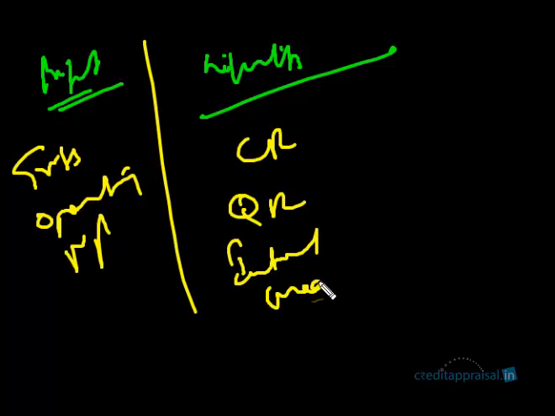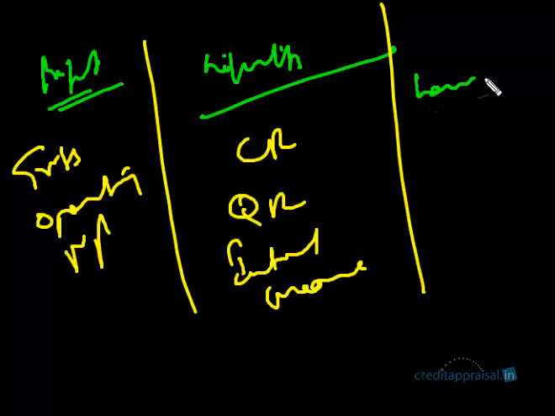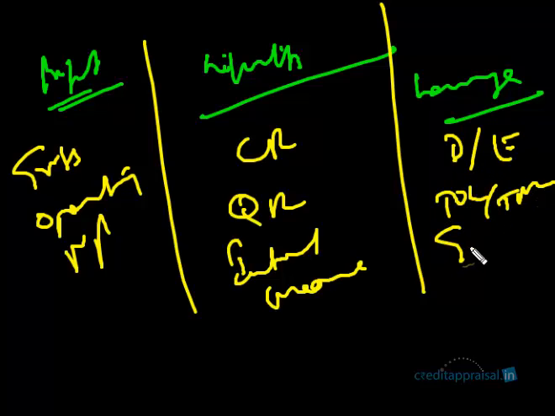Then we had a discussion on leverage ratios, under which we calculated debt equity ratio, TOL by TNW and gearing ratio. And finally we calculated the interest coverage ratio. So please be comfortable with the ratios we calculated so far. Next we'll proceed to turnover ratios.